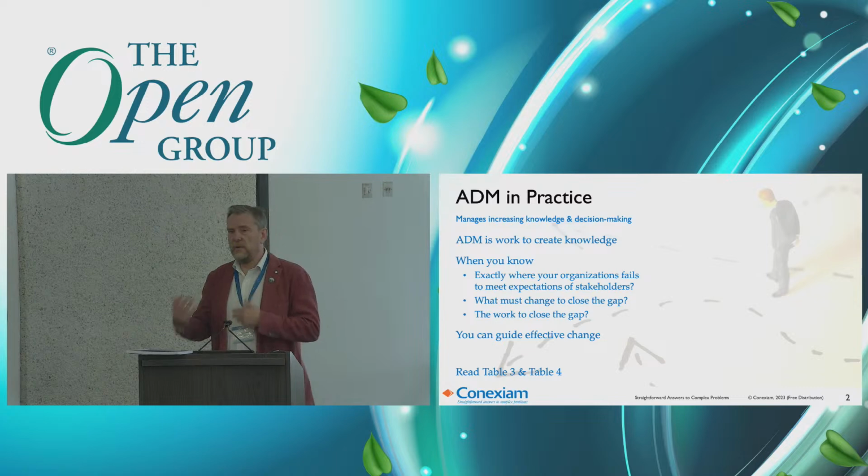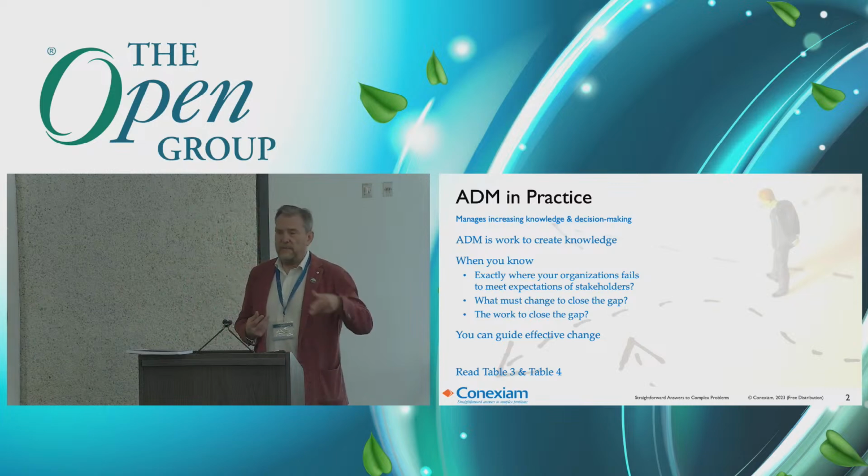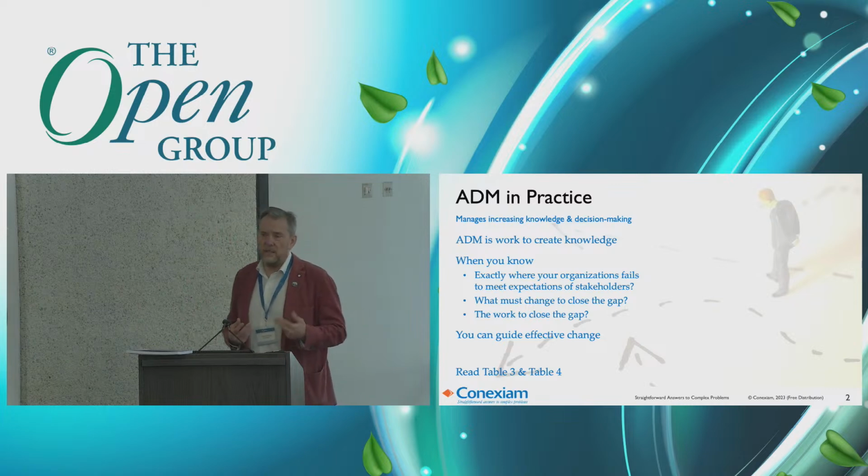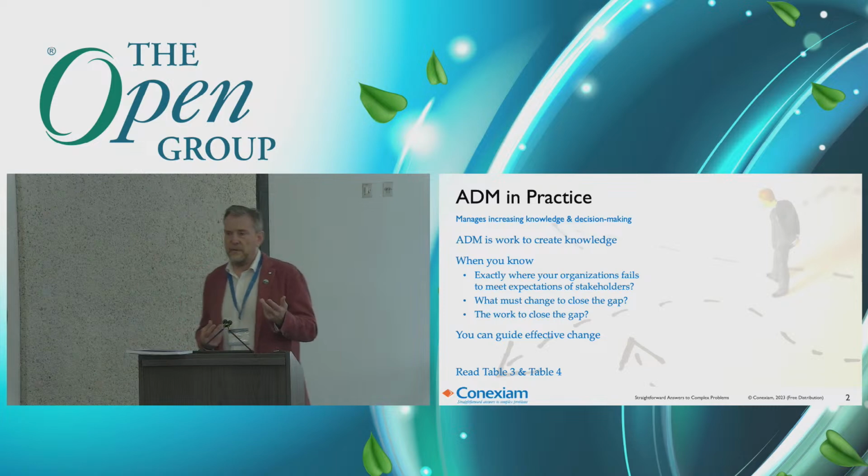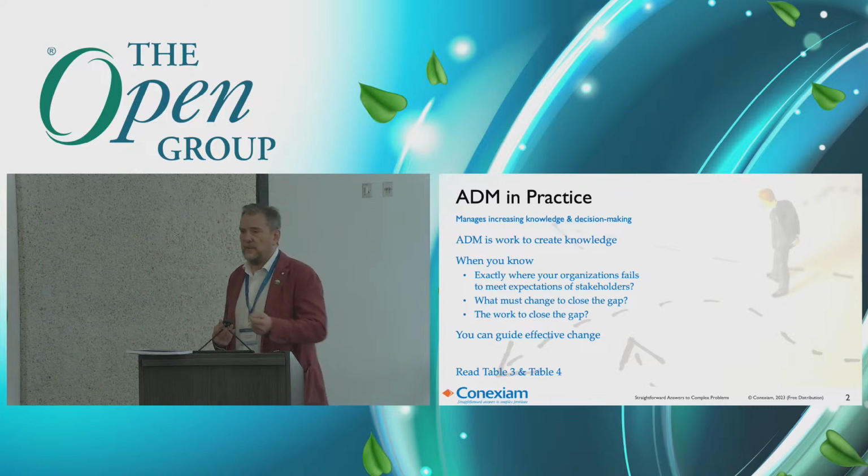And that's when you look at the structure of the ADM and you think about governance. Phase A, Phase B, Phase C, Phase D are all about figuring out what is the work that will fill the deficiency. Phase E and F are all about agreeing to do the work.